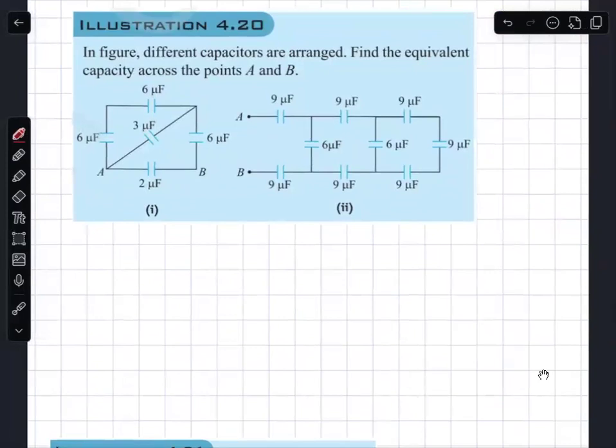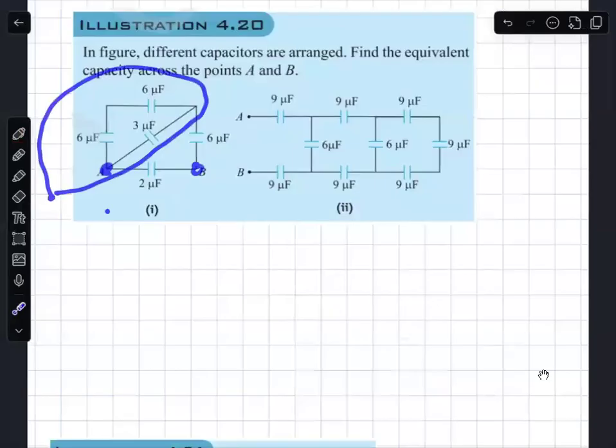Next, take this model. In the figure, different capacitors are arranged. Find the equivalent capacitance across A and B. Now you take the first part. You focus first on this part. I know you want across AB, so first focus on this part.